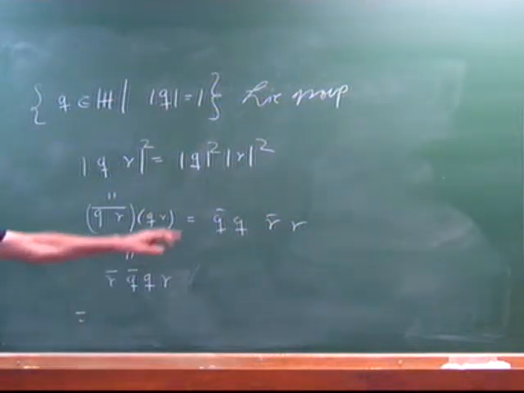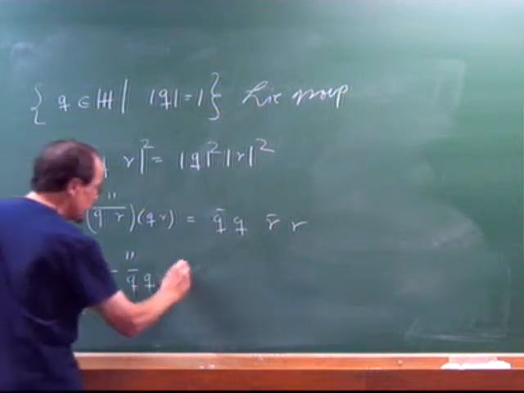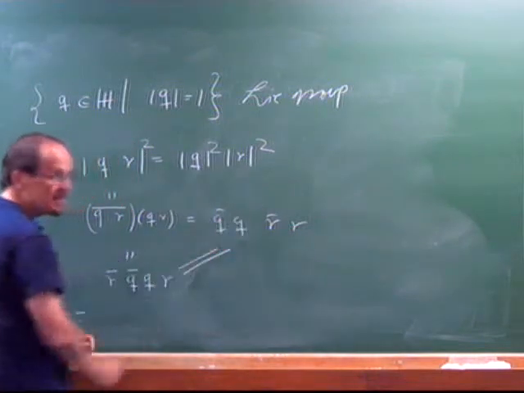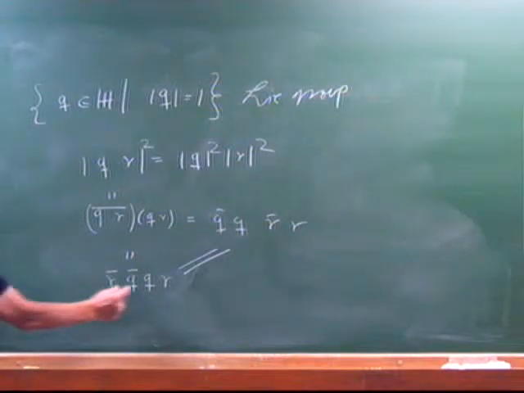How do we go from here to here? Quaternions aren't commutative, so I have to say why that's okay. Right. Q bar Q is a real number, so I can switch it around. So that makes sense. Real numbers, I can switch them around. Well, that's a real number. I can take it out, and I get this times this. Okay.